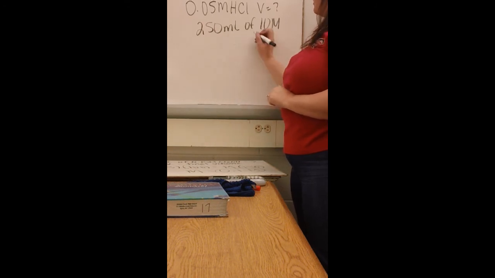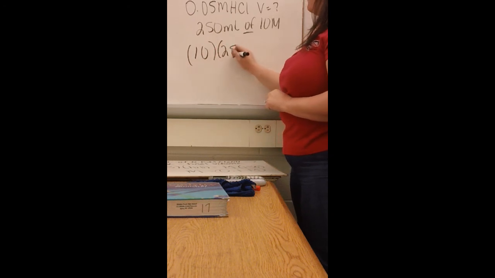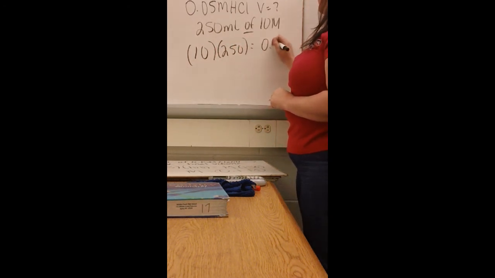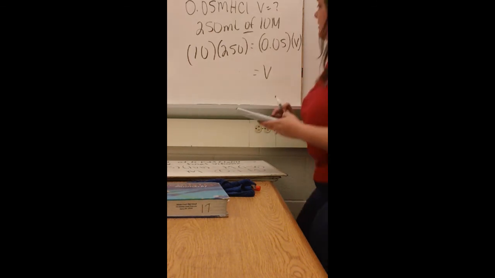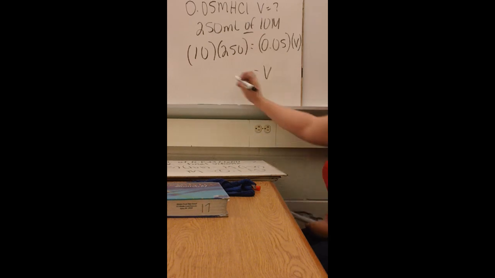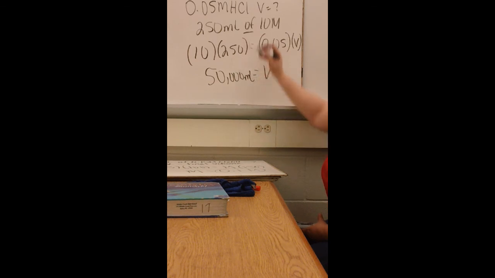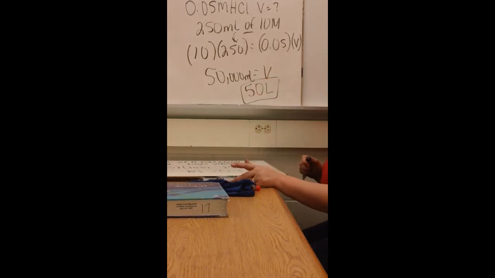So again, these two go together, that word of connects them, so we would have 10 times 250 equals 0.05 times our volume. And so we solve for our volume. 10 times 250 divided by 0.05, and we get 50,000 milliliters. And I know it's milliliters because that's what I put in. And so the conversion to liters, of course, is to divide by 1,000, so that would be equal to 50 liters. The problem did not ask for liters. You could certainly leave it in milliliters.